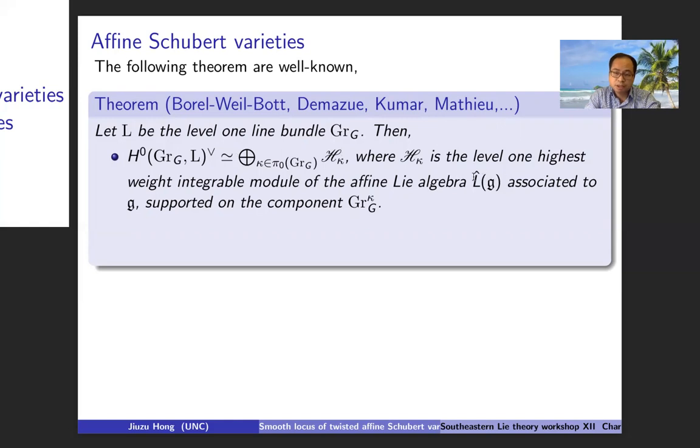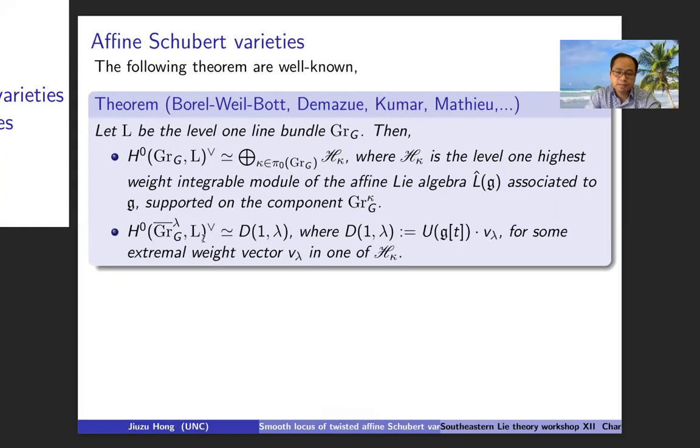So this L hat g is an affine Lie algebra associated with the Lie algebra. And this decomposition, kappa, means a component of the affine Grassmannian. So each component of the affine Grassmannian supports a level 1 highest weight module. So this is a kind of Borel-Weil-Bott type of theorem.